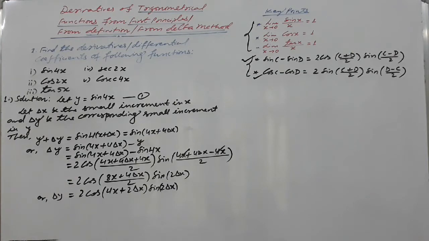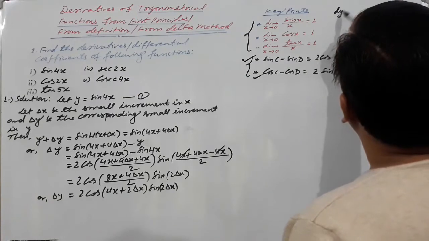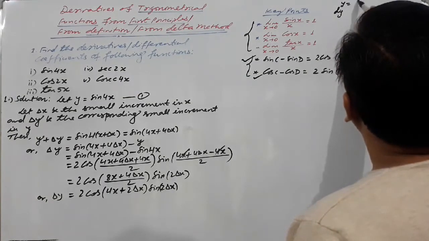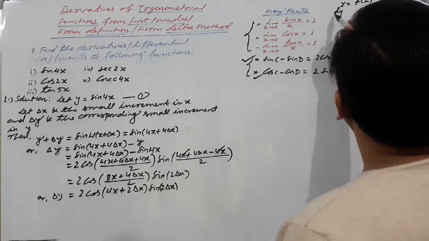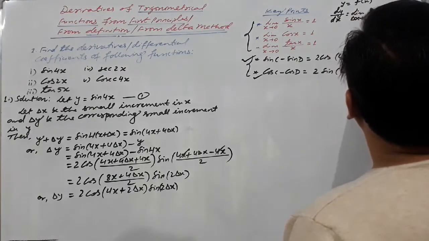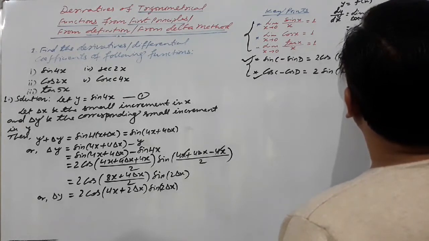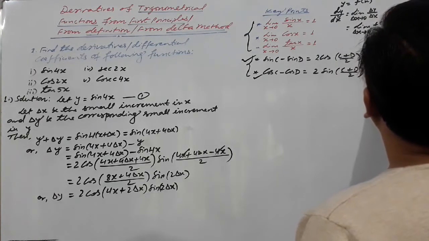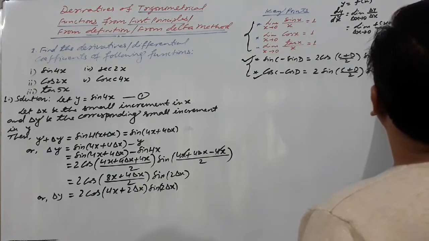What is the first principles? Let me tell you. If we have y equal to a function f of x, then dy by dx is equal to the limit as delta x tends to 0 of delta y by delta x, or equal to the limit as delta x tends to 0 of f of x plus delta x minus f of x upon delta x.